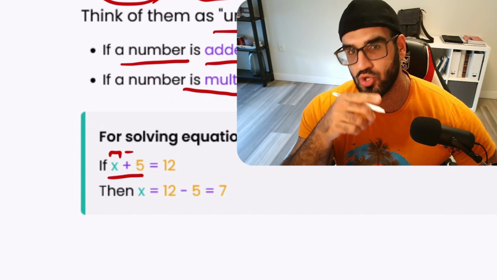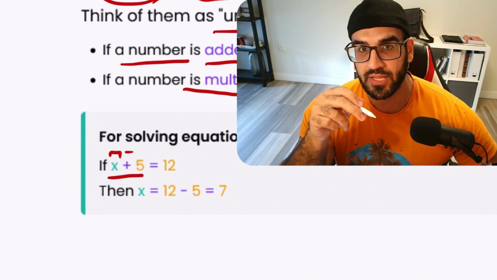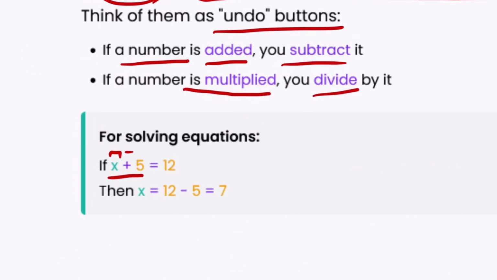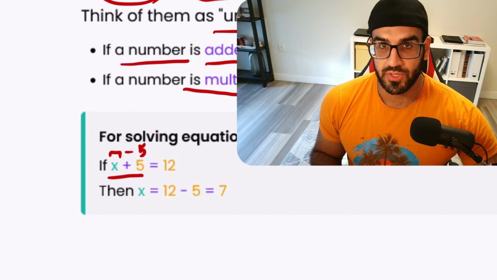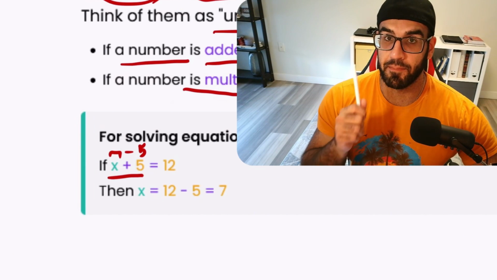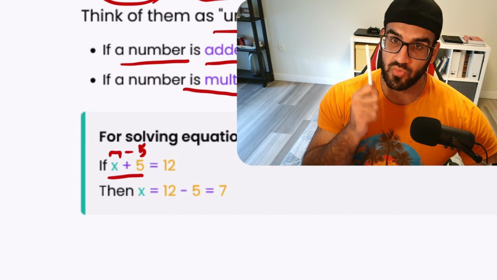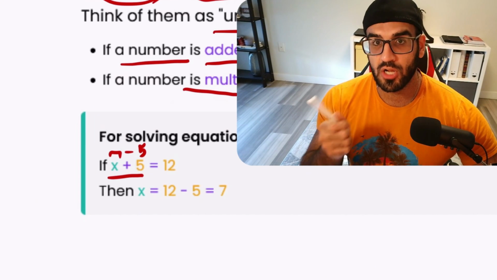Whatever you do with one side, you have to do with the other side. So I have to subtract 5 to get rid of this 5, and when I subtract from one side, I have to do it on the other side as well.